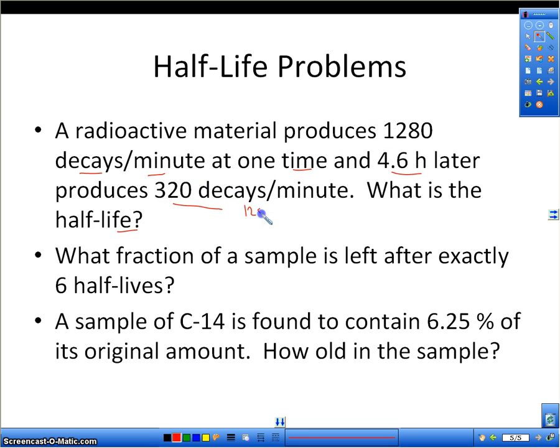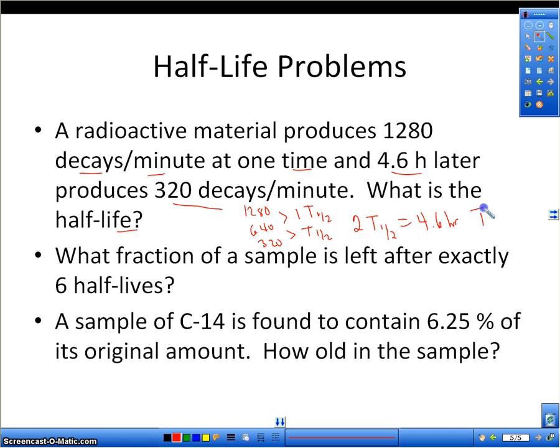So from 1280, if we go half of 1280, we're at 640. So after one half-life, you're at 640. Then if you do half of that, you're at 320. So that's a second half-life, right? So that means to get from 1280 to 320, we've gone through two half-lives. And those two half-lives are equal to 4.6 hours.